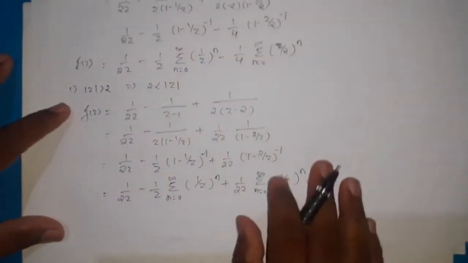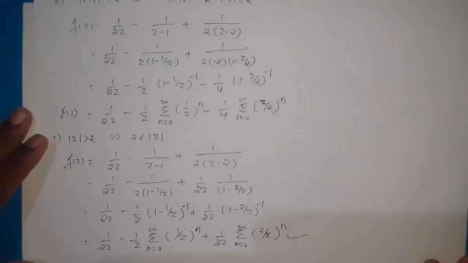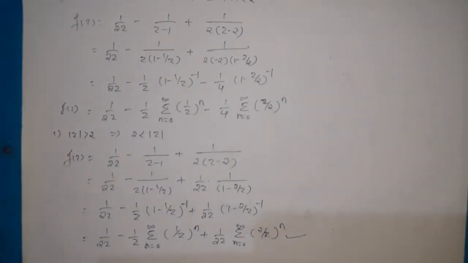So this is the expansion in the third region. So therefore these are the examples on the expansion of Taylor and Laurent series.